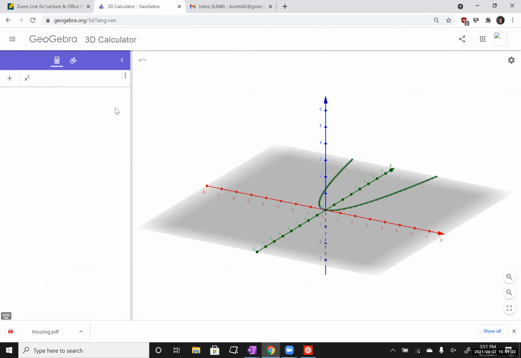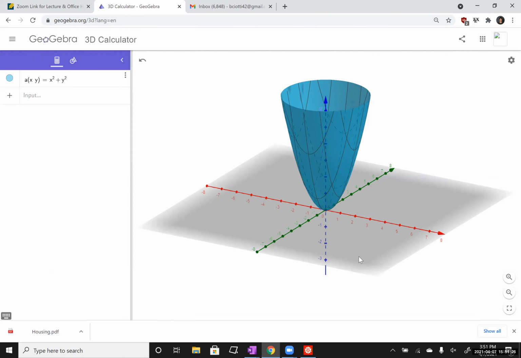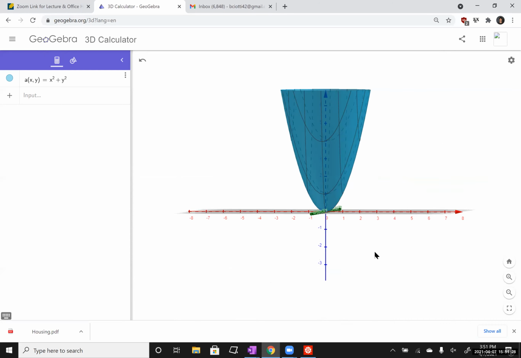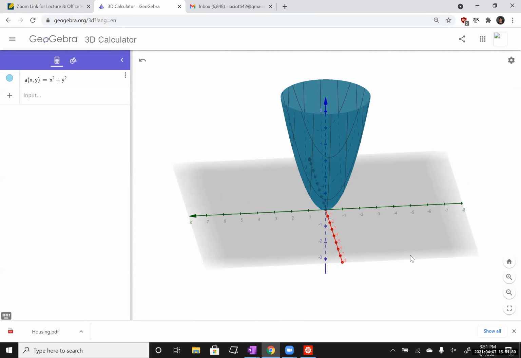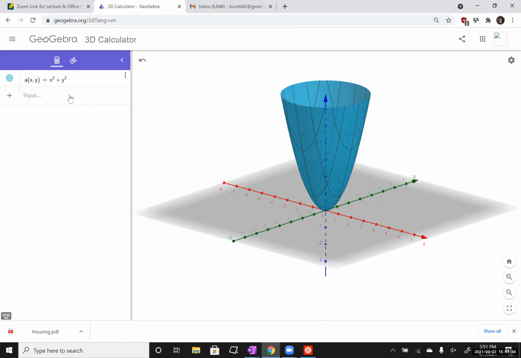Let's just do a paraboloid there. So yeah, you can do a paraboloid pretty easily. This one is a good way to visualize when you can't figure something out.